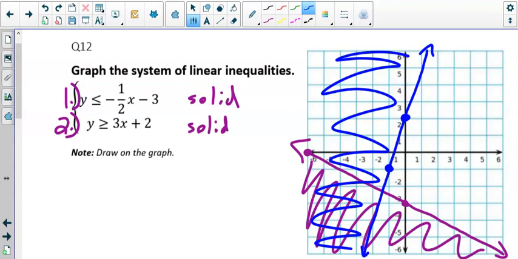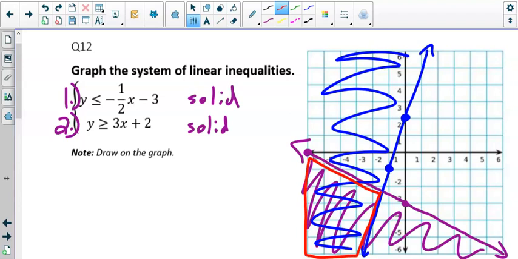So in my picture, where is it that I have both blue and purple? In this bottom left part, right? So this is the section that is considered the solution area, because that's where I have both purple and blue.